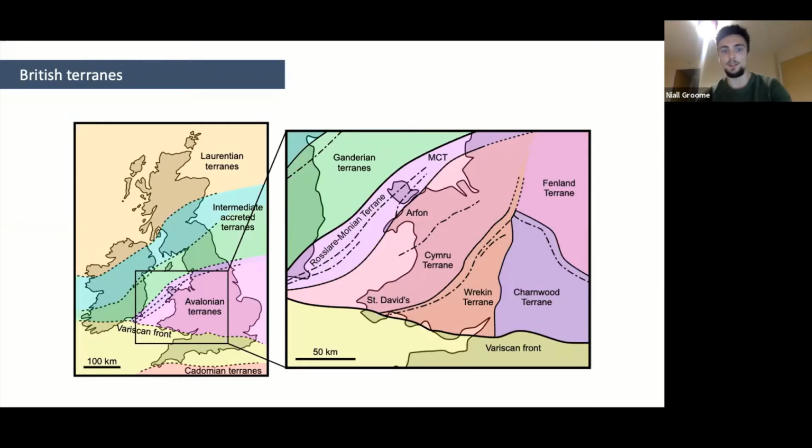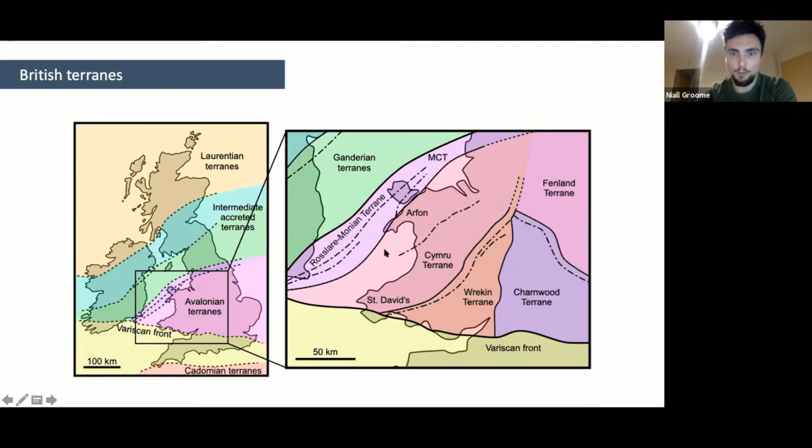You can see this yellow patch towards the base of Wales and across southern England. That's the Variscan front, which kind of obscures the lower half of the Avalonian terrain, but Avalonia basically covers most of the southern half of the UK, and it's split into these individual terrains as well.